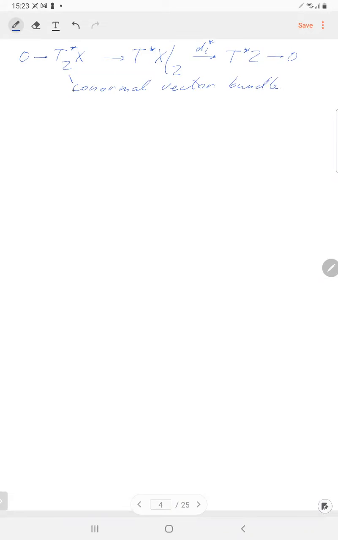In this smooth case, it's an embedding. In general, it's not necessarily an embedding, but there is just a sequence like this.